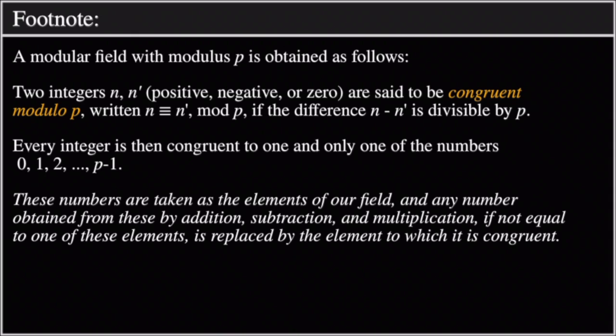Every number is then congruent to one and only one of the numbers 0, 1, 2, up to p minus 1. These numbers are taken as the elements of our field, and any number obtained from these by addition, subtraction, and multiplication, if not equal to one of these elements, is replaced by the element to which it is congruent.